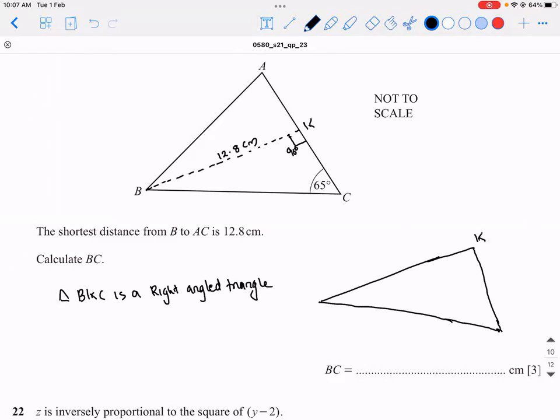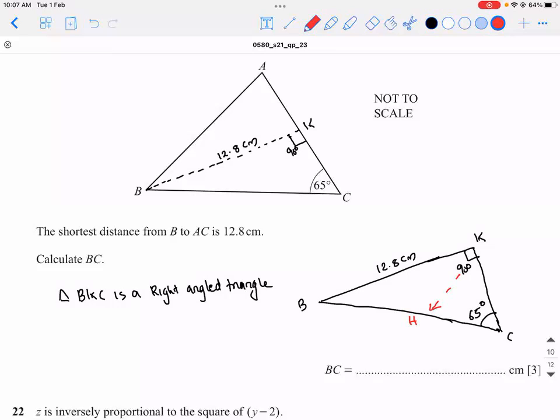So this is K, this is B, and this is C. And this angle is 65 degrees, and this angle is 90. This is 12.8 centimeters. And we know that the side opposite to 90 degrees is always the hypotenuse, correct? So BC has to be the hypotenuse.